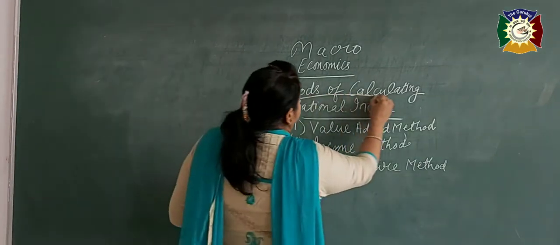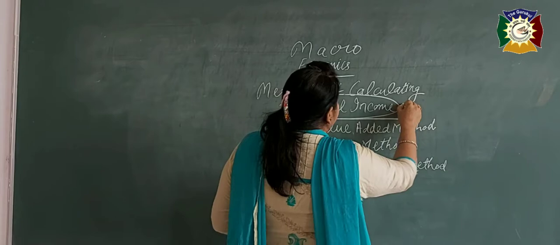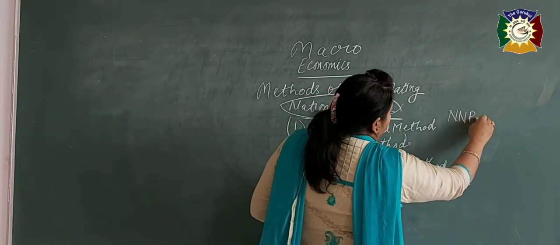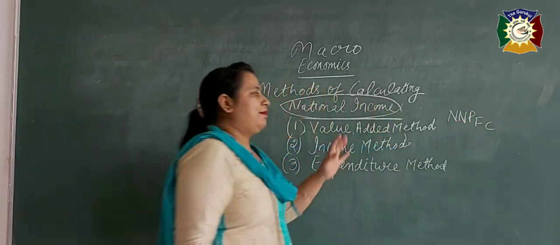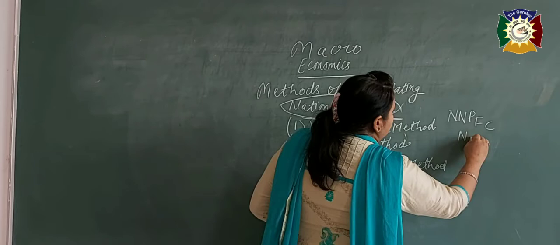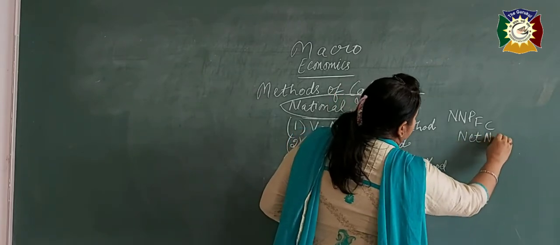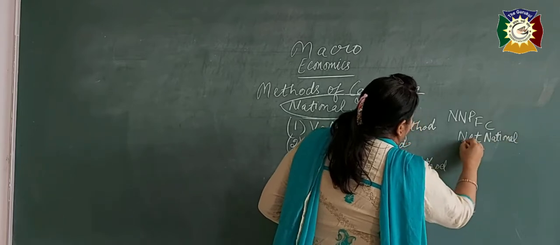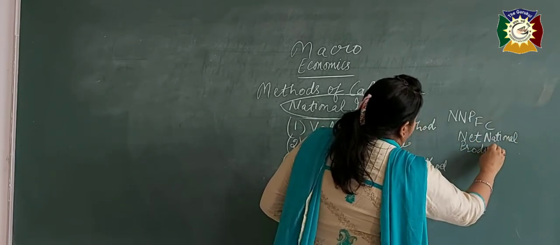National income. The symbol of national income is NNPFC. I am telling you the complete form of this: net national product at factor cost.